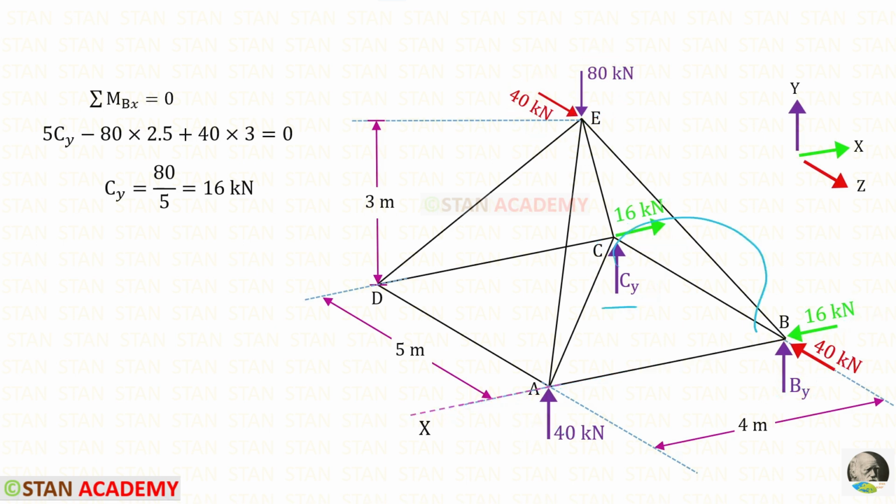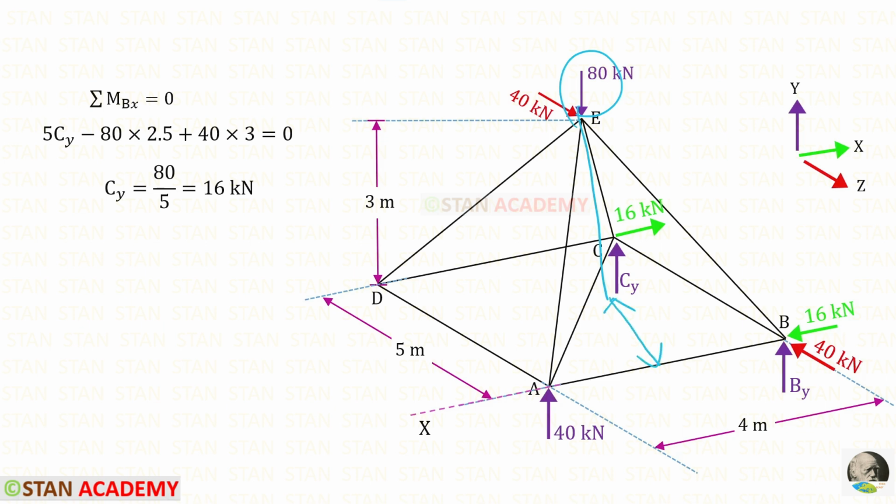Cy is acting in the clockwise direction, so it will be positive and the distance is 5. So 5 Cy. 80 kilonewton is acting in the anti-clockwise direction, so it will be negative. We know that this load is acting in the center. From the center, we need to find this distance.